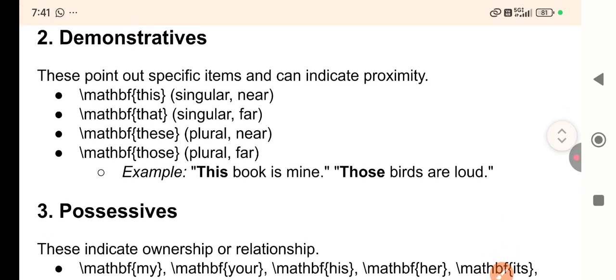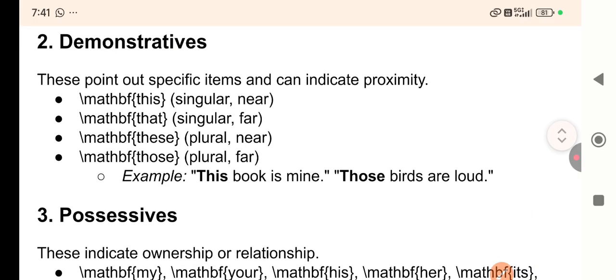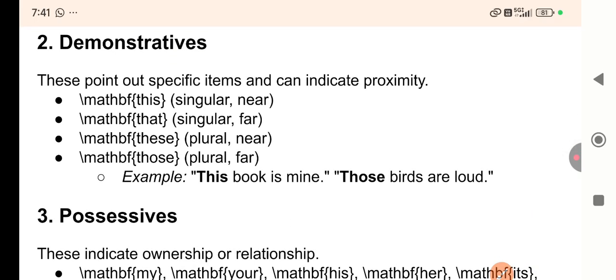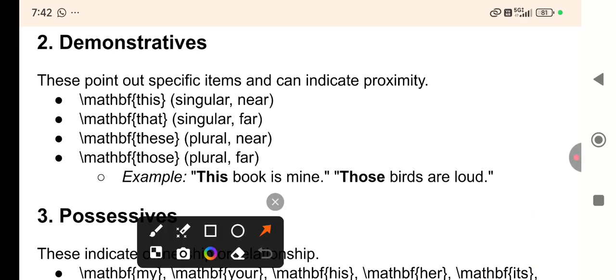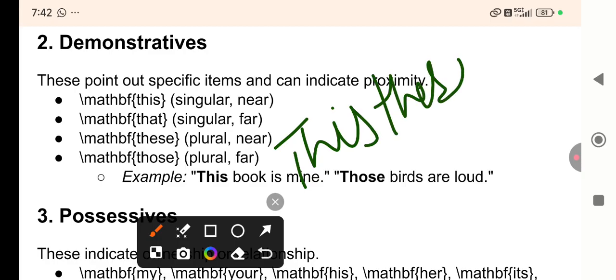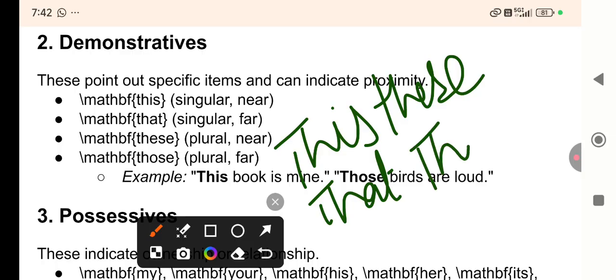Now demonstratives. You can remember there are five demonstrative pronouns actually. This, plural is these, that, plural is those, right? So this is the difference, please understand.